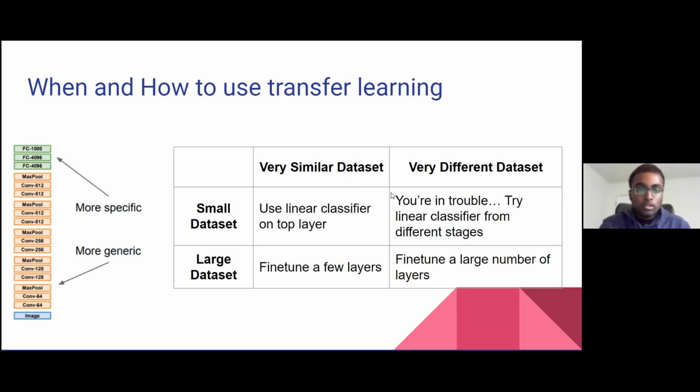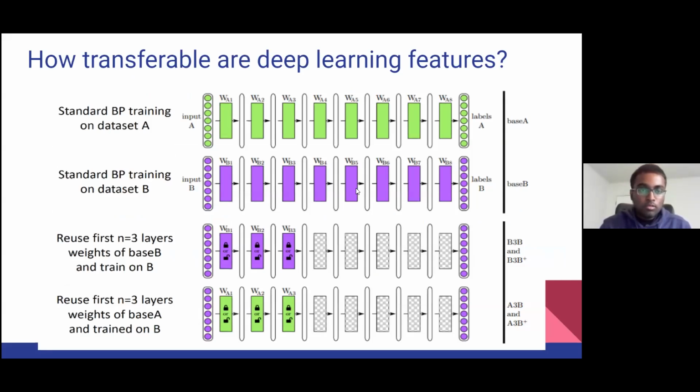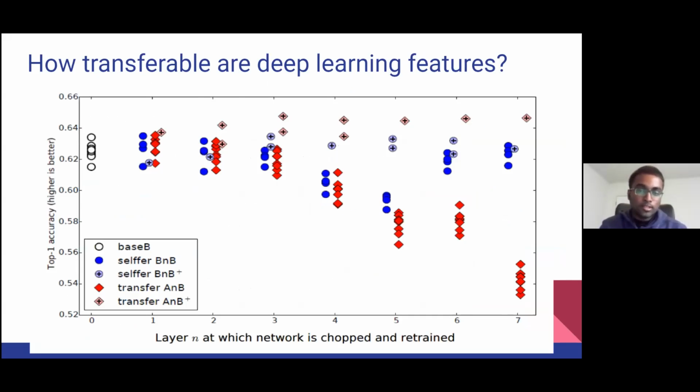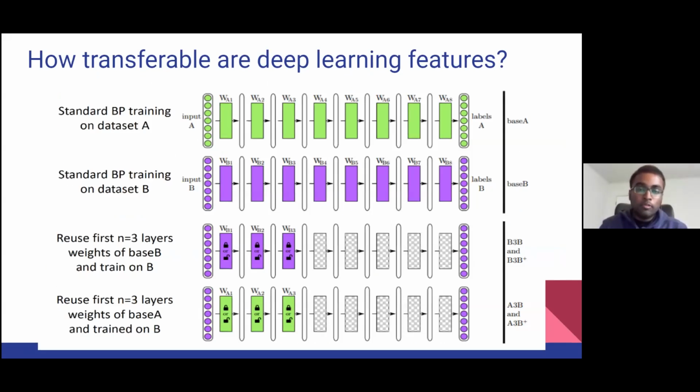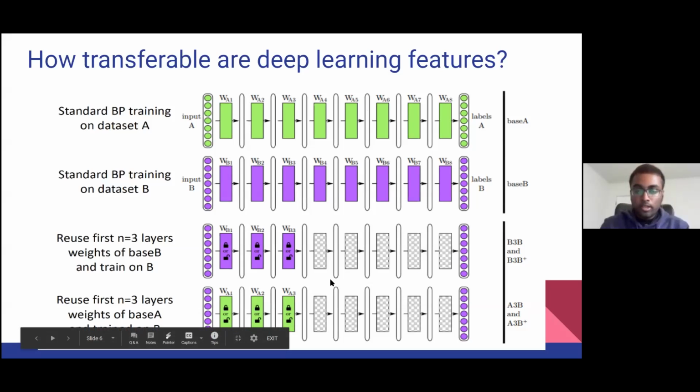Okay. So the next is how transferable are the deep learning features? This is the graph which I'll be explaining, but before that let me first explain what the training settings are that have been used for this. Over here there are 4 training configurations.